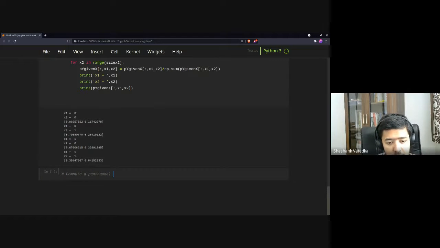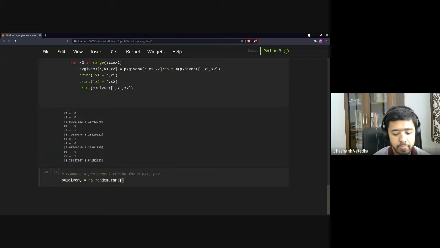So, let's say that px1 given q is something, and px2 given q is something.